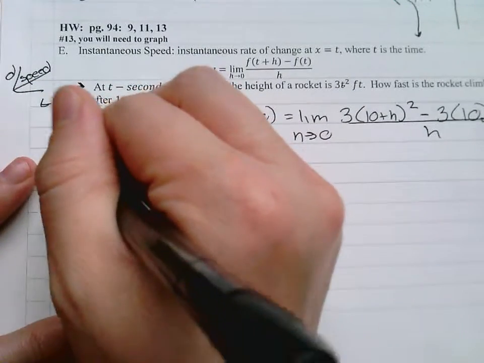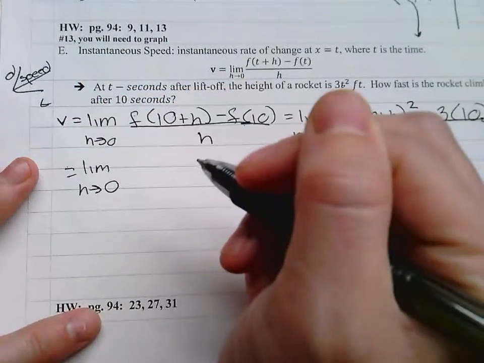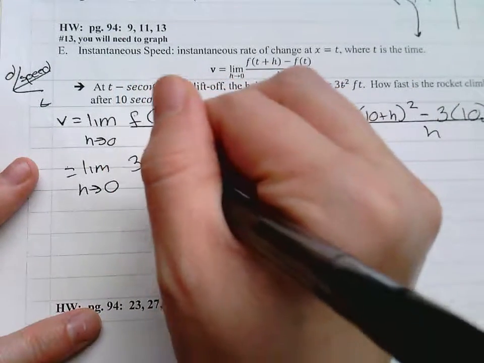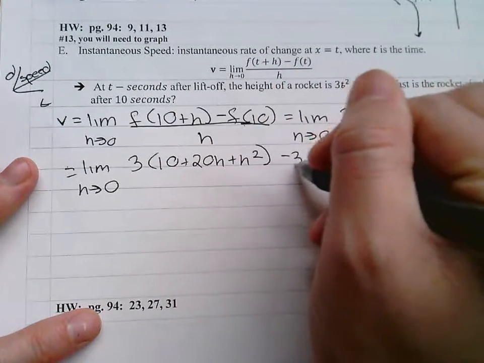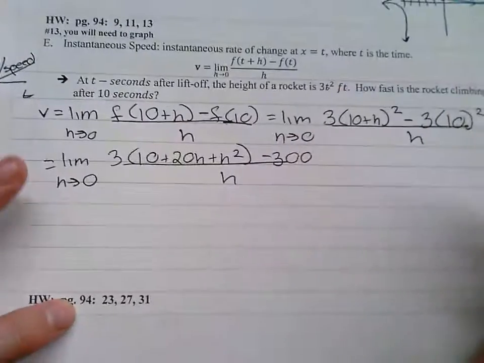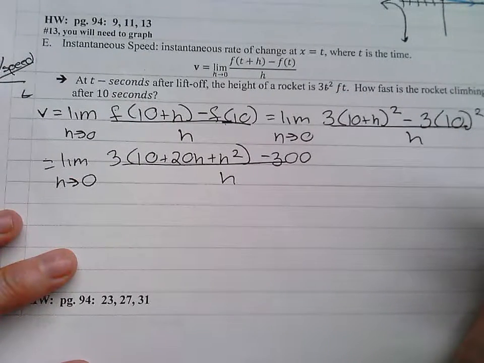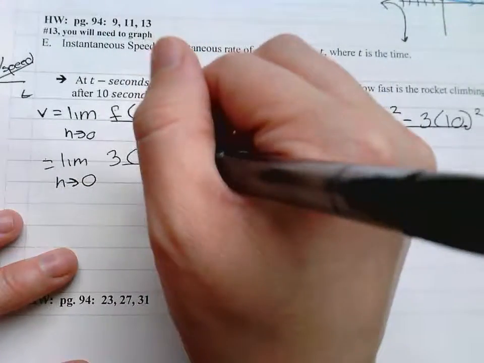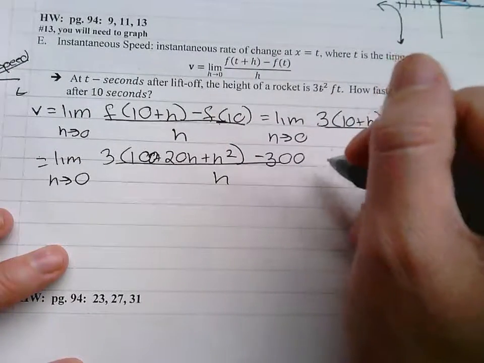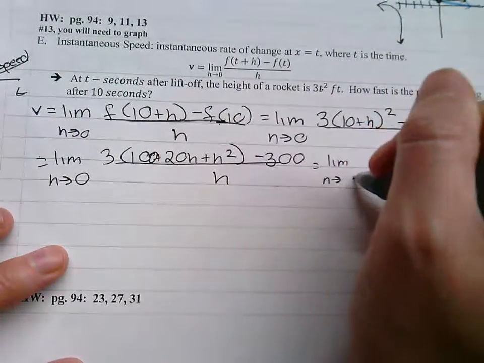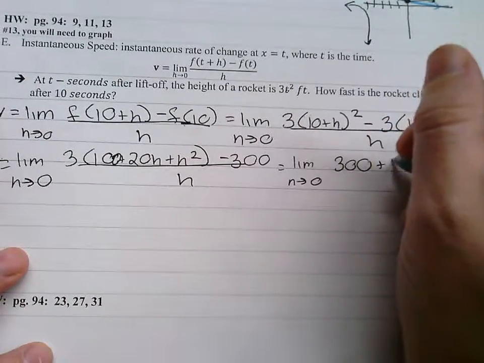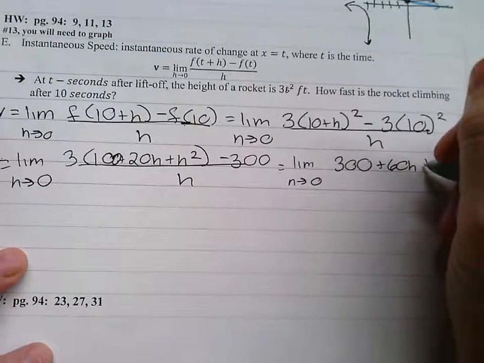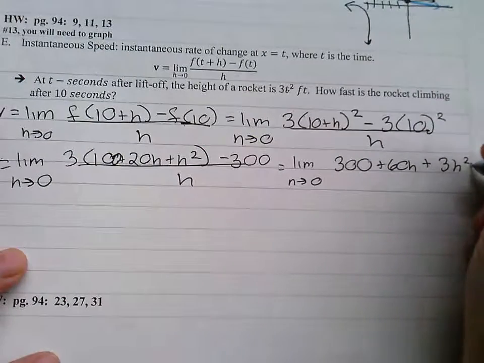And then I have equal to the limit as h approaches 0 of 3 times 10 plus 20h plus h squared minus 300 over h. Wait, 10 times 10 is 100, so there should be 100 right there. Okay. So that's going to be limit as h approaches 0 of 300 plus 60h plus 3h squared minus 300.